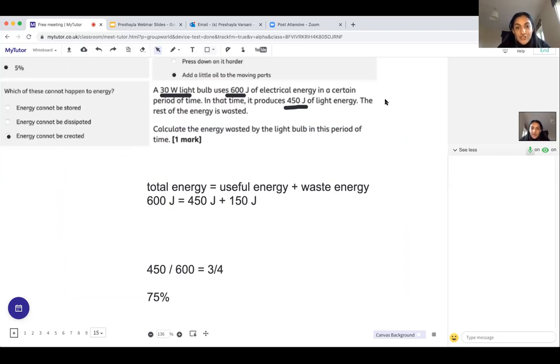One thing I do just want to point out is that useful energy doesn't always need to be just one type of energy. Sometimes appliances have two functions. An example would be at the start of a race, where sometimes they use a pistol to announce the start. That pistol fires a flash and a bang.